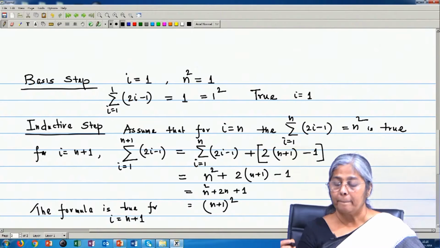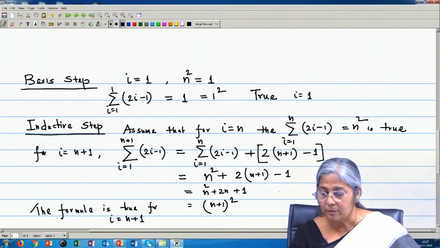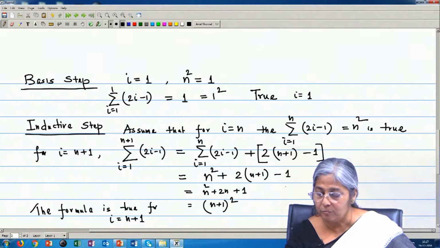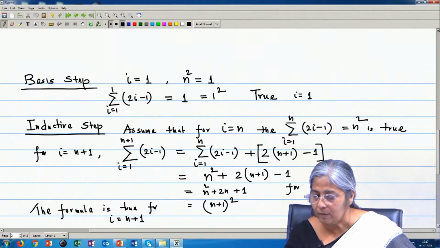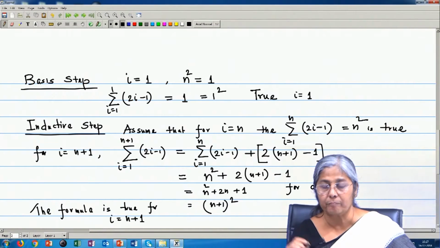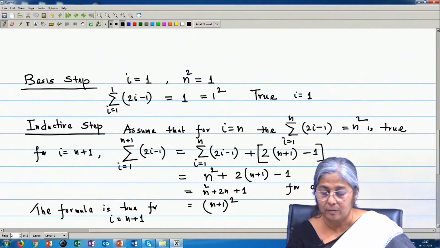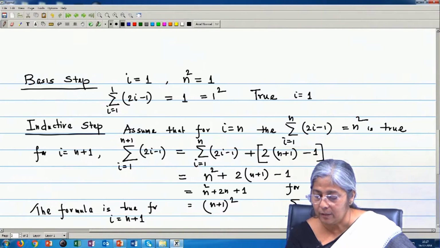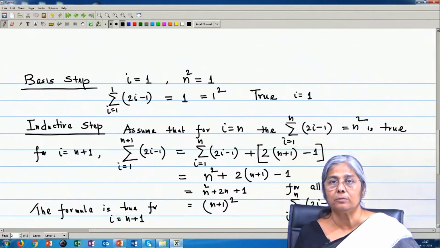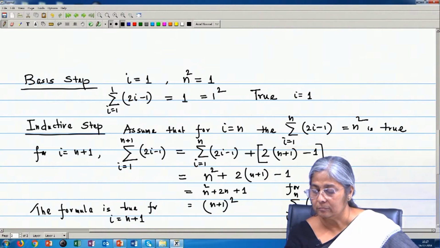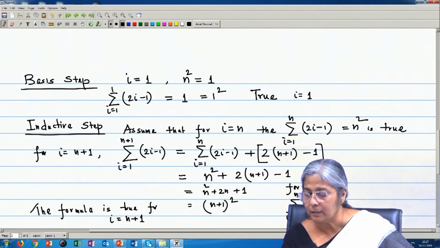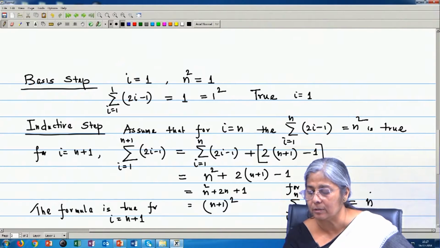So, we can write that for all n, the sum for i equal to 1 to n of 2i minus 1, that means the sum of all consecutive odd integers up to n, equals n square.